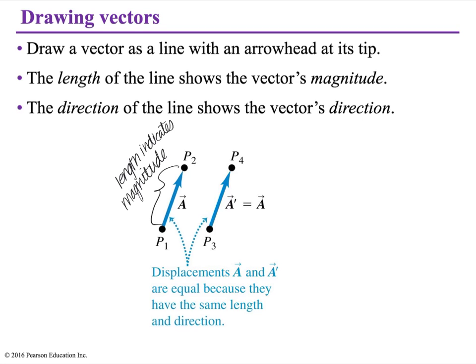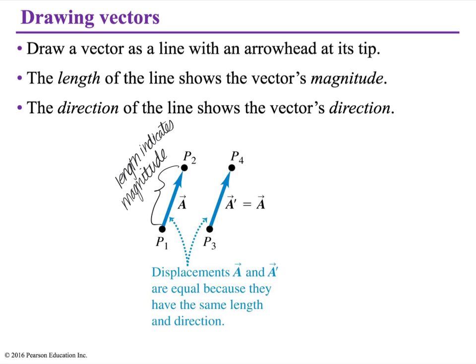So if we were going to draw a vector and we were going to be very, very careful, we would probably use some sort of scale to represent the fact that, for instance, 1 centimeter might represent a certain magnitude, like maybe it represents 5 meters or something like that. But the length has to be sort of proportional.